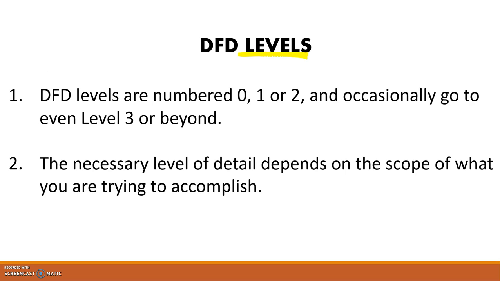So basically, DFD labels are normally given numbers, which start with zero. So a DFD label starts with 0, then we take it to the first level and then the second, and if required, we also take our system to the third level or sometimes beyond.